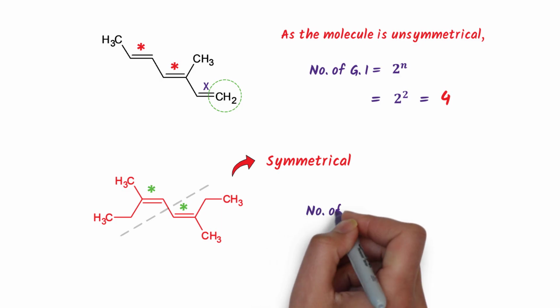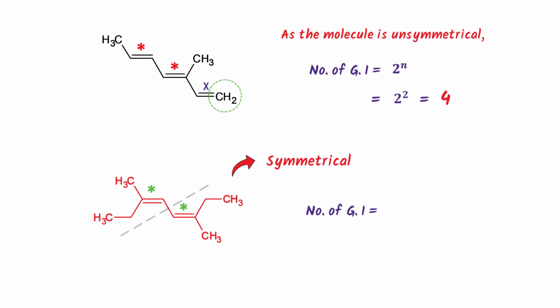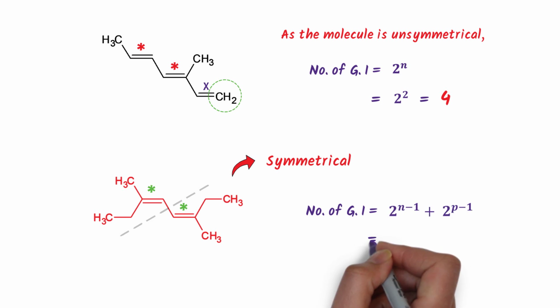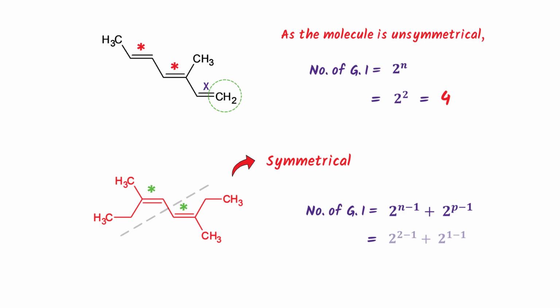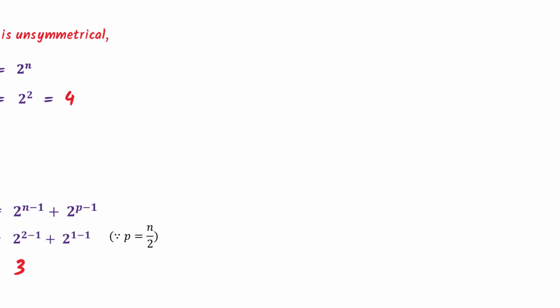So the number of geometrical isomers will be equal to 2 raised to the power n minus 1 plus 2 raised to the power p minus 1, and that's equal to 2 raised to the power 2 minus 1 plus 2 raised to the power 1 minus 1, because the value of p will be equal to 1 since it's equal to n by 2, as there are an even number of stereocenters. So that boils down to 3. So the number of geometrical isomers in this particular molecule is 3.